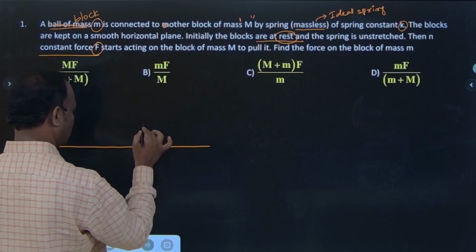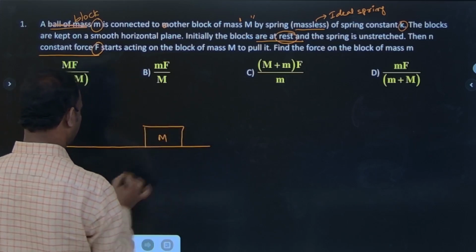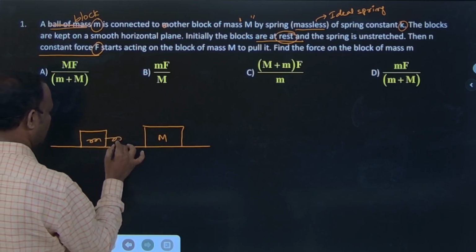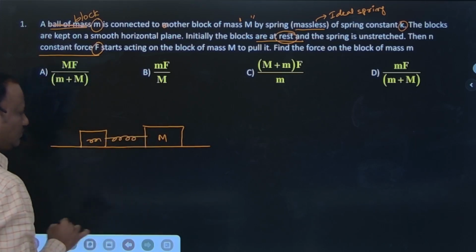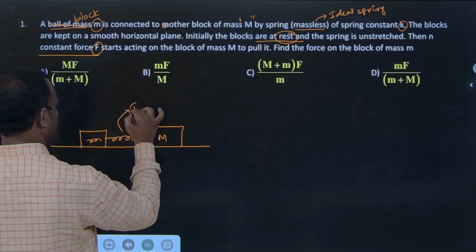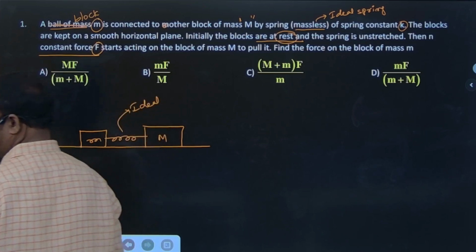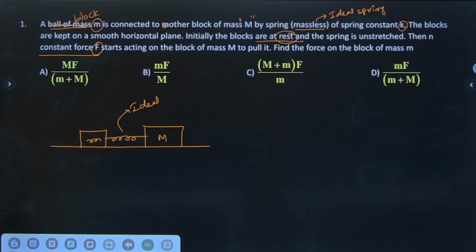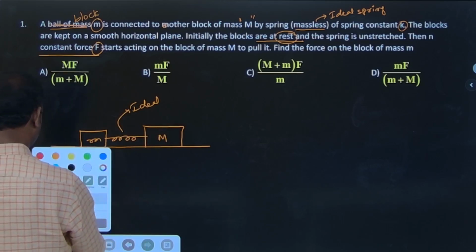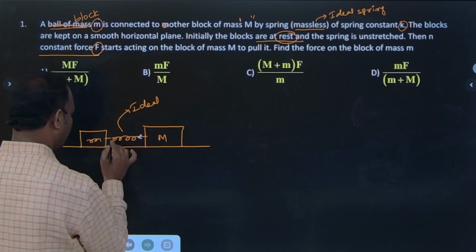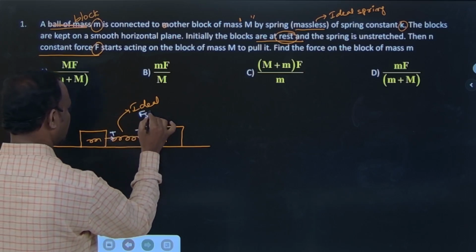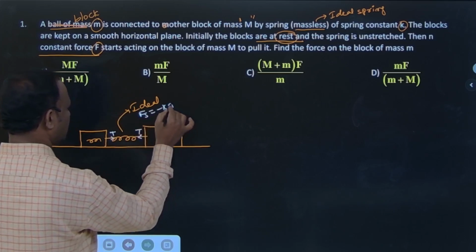This block has mass capital M. Another block, with mass small m, is connected by the spring. It is an ideal spring, so the tension in this spring is the same on both ends. For an ideal spring, Fs is equal to minus Kx, which is constant.